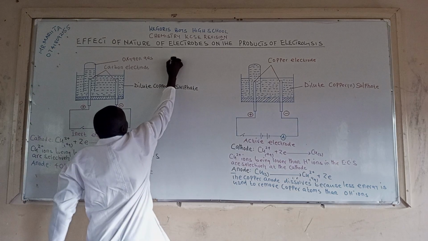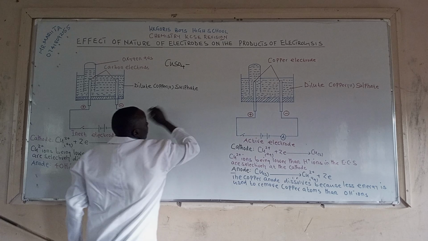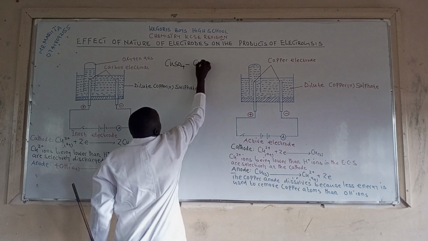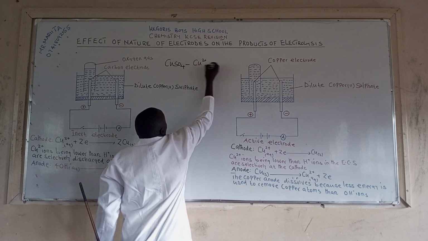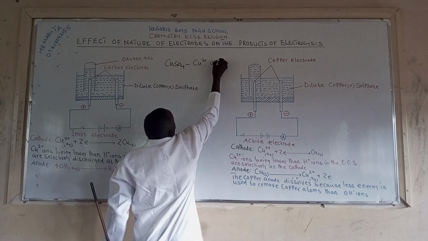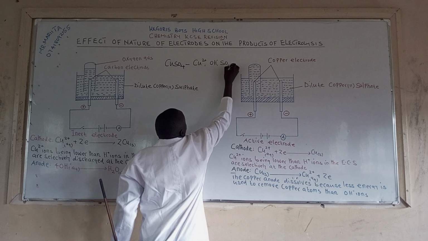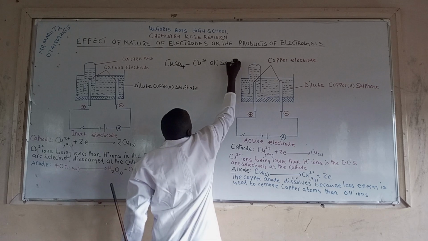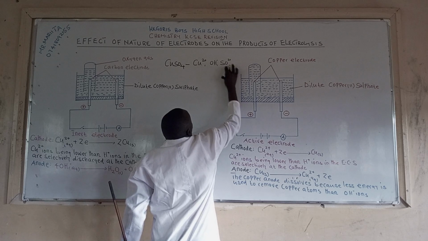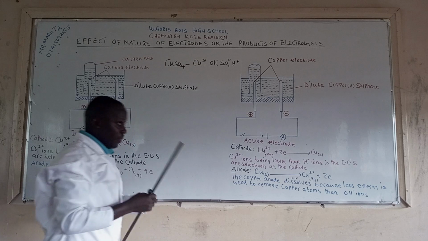So if you have that this is our copper sulphate, whether the ions are present, you will have the copper ions, then we have the hydroxide ions, then we have the sulphate ions, then we have the hydrogen ions.